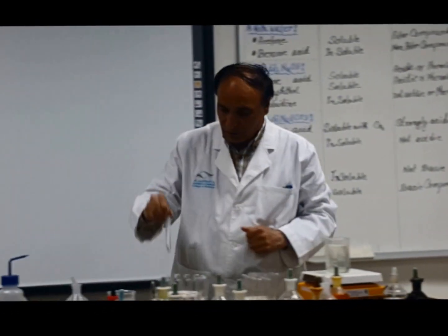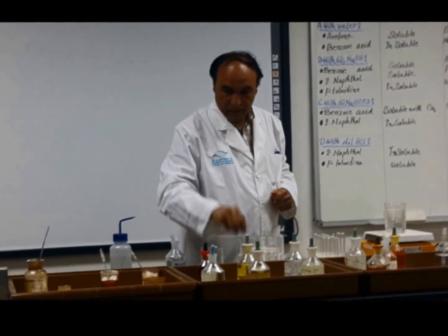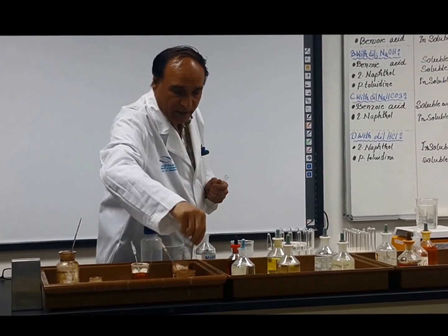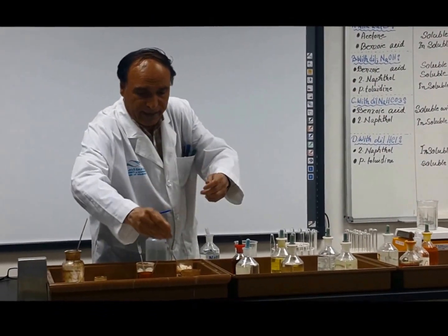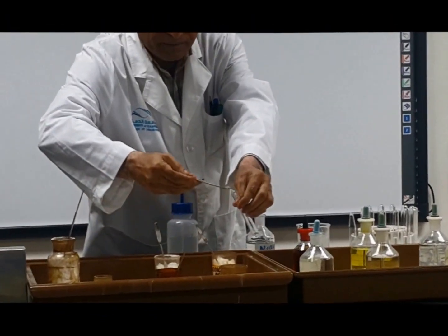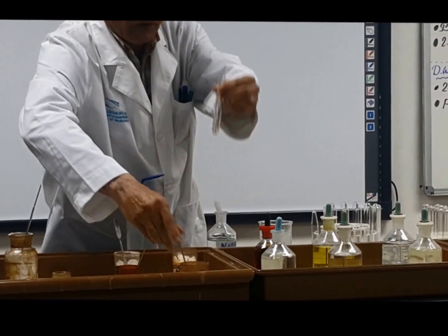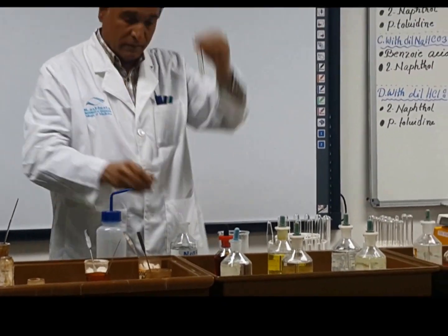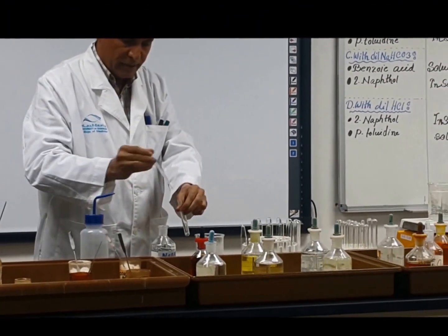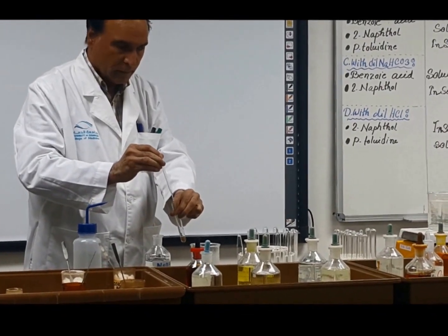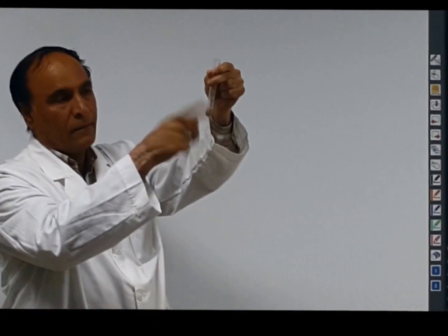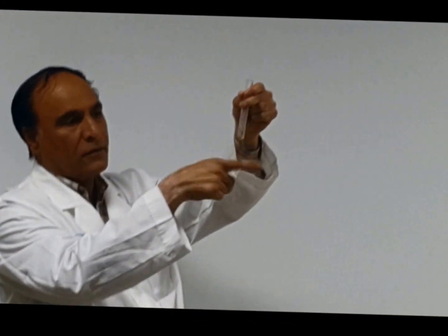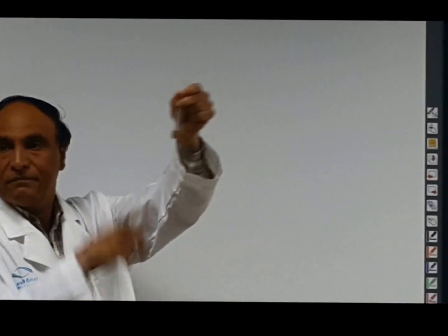Now if I take a phenol, I have a phenol here, 2-naphthol. 2-naphthol is one of the phenols. So I take 2-naphthol, and this is the phenol, and I put sodium hydroxide, and you can see that it will dissolve.